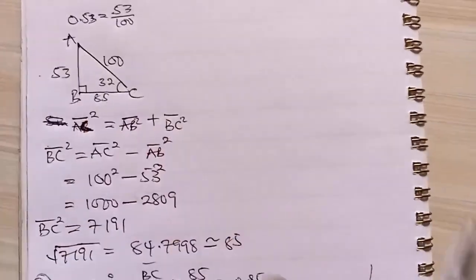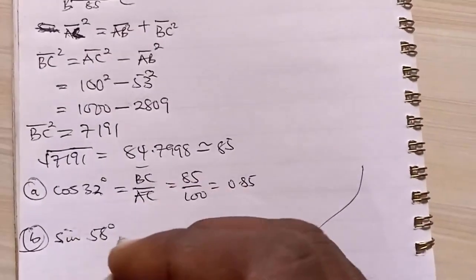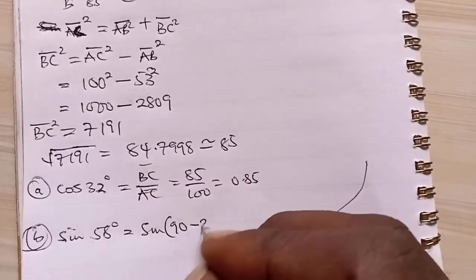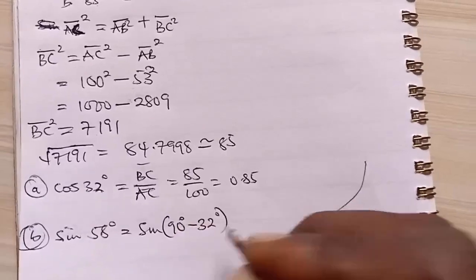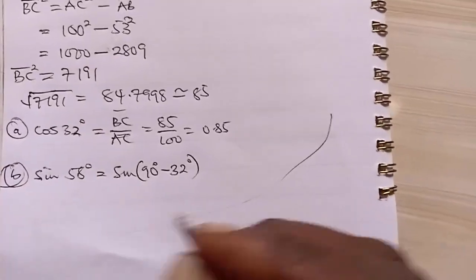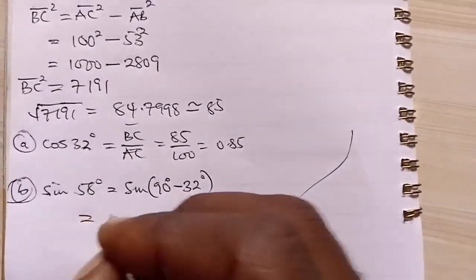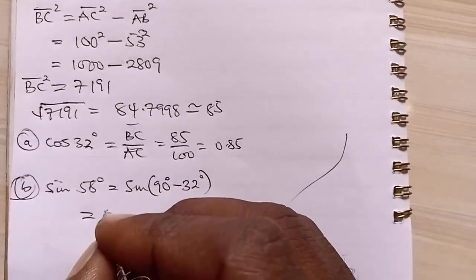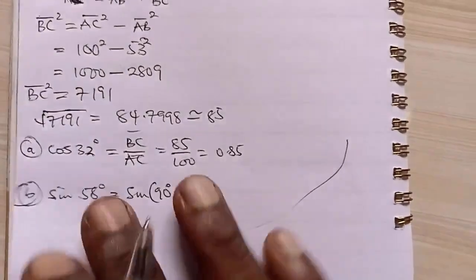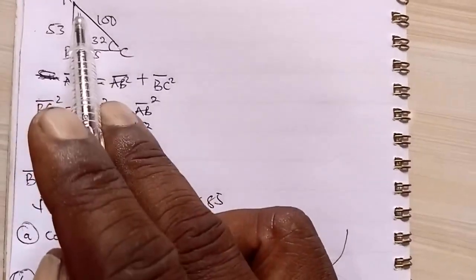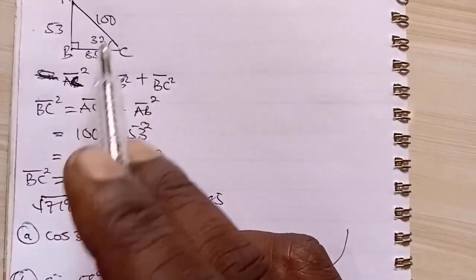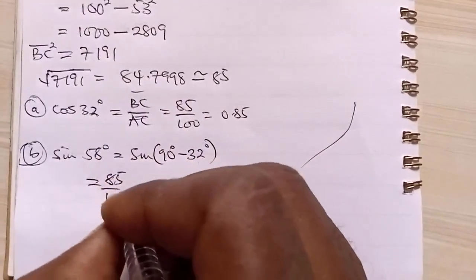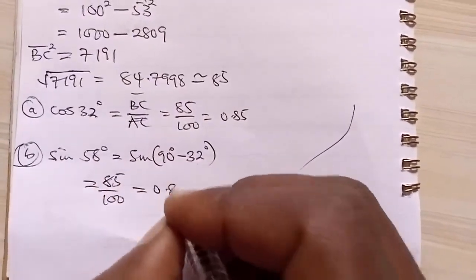So sine 58 is given as sine of 90 minus 32, which is equal to 58 degrees. And sine is opposite over hypotenuse. For that 58 degrees, the opposite is 85 over hypotenuse 100.